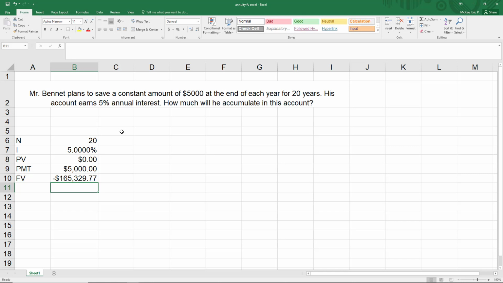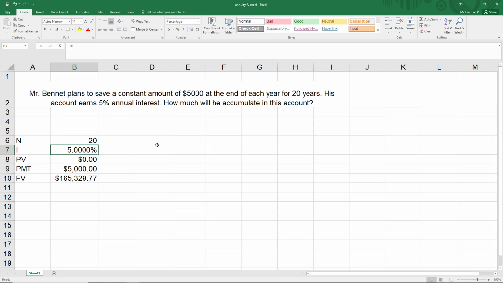And the advantage here is I can take any of these 4 values. If I have a new question with different values for one or more of these, I just change all of them, and my function here automatically updates. It's very clear and obvious to me what I'm putting into my function. Otherwise, I'd have to dig, click on here, look in each of my parameters, make sure I have the right numbers. Just to demonstrate, let's say his interest rate isn't 5%.